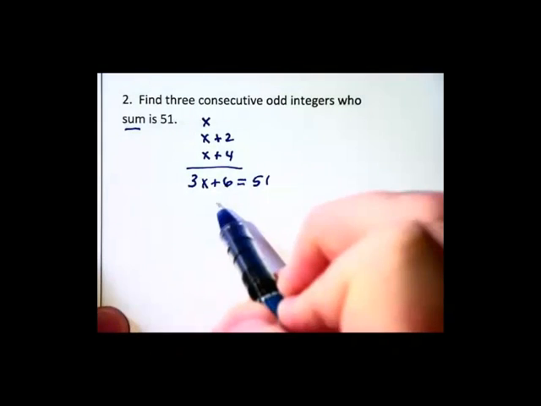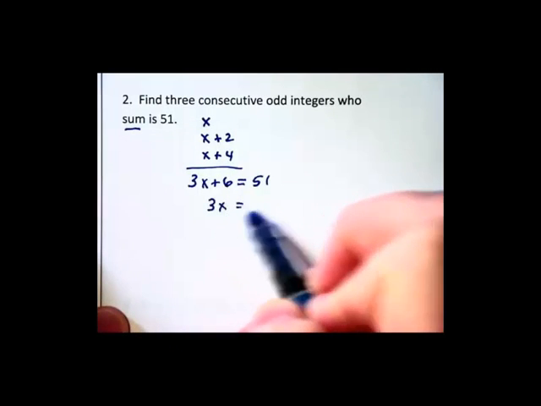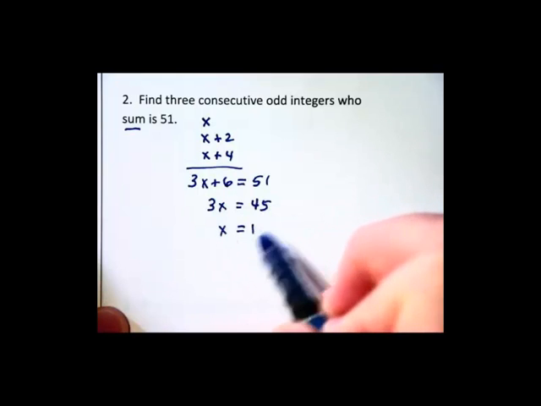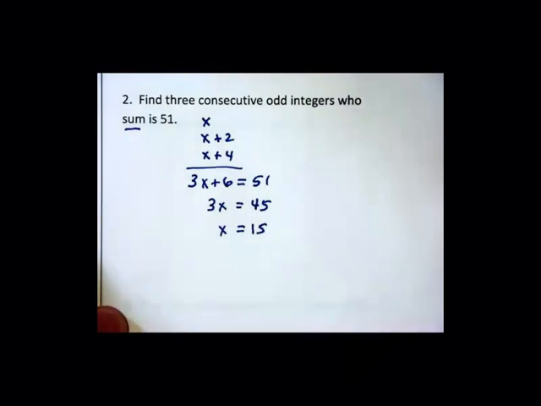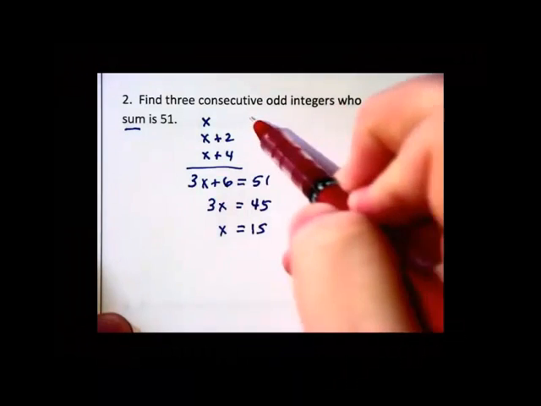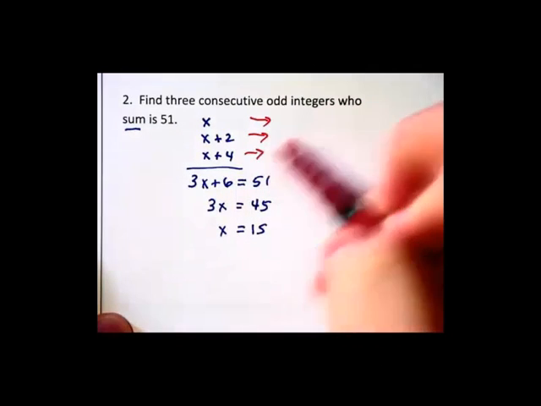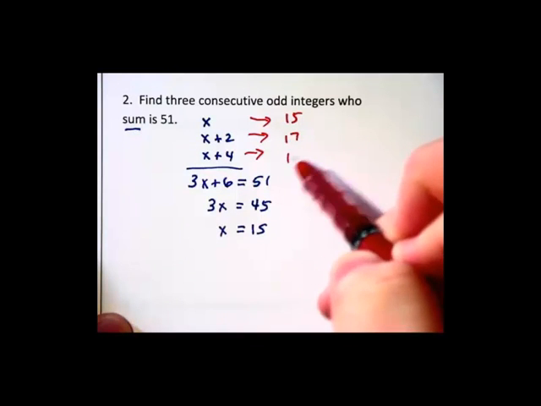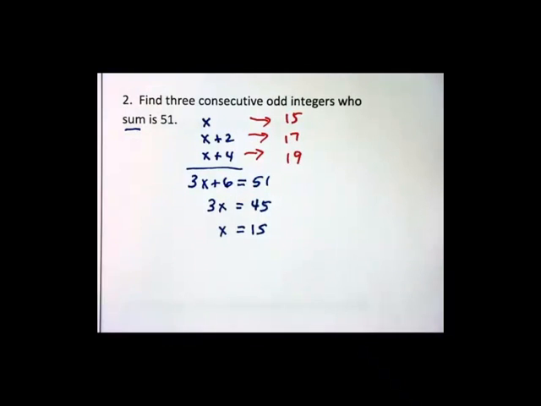So, subtracting 6 on each side, we're going to have 3x = 45, and dividing each side by 3, we're going to get 15. So our 3 values are going to be 15 for x, adding 2 we get 17, and adding 2 again we're going to get 19. And that is our solution set up there in red at the top.